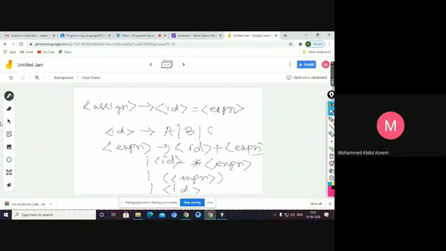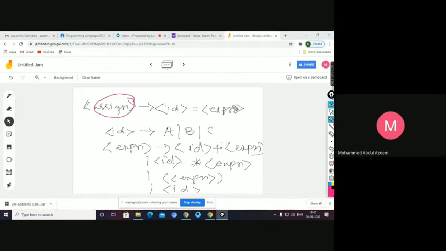So here you can see the assignment statement is defined to be ID equal to expression. Where ID is either A or B or C, right?